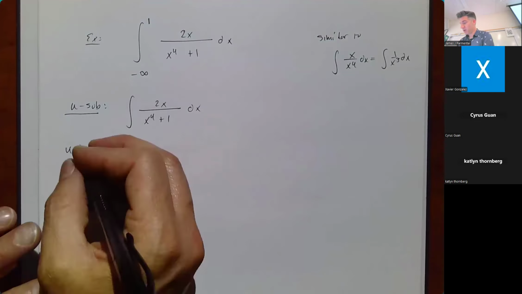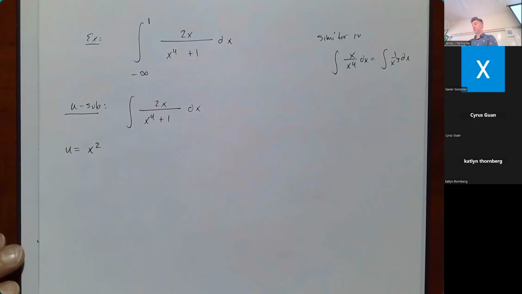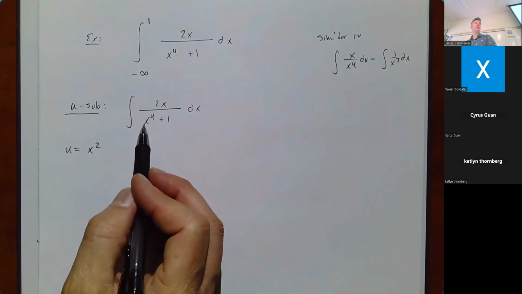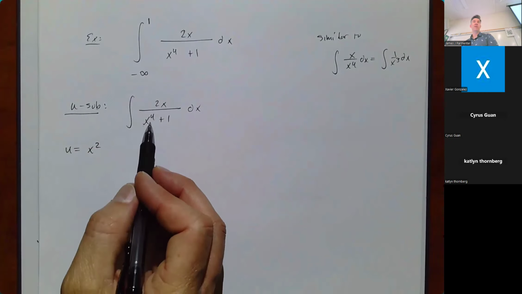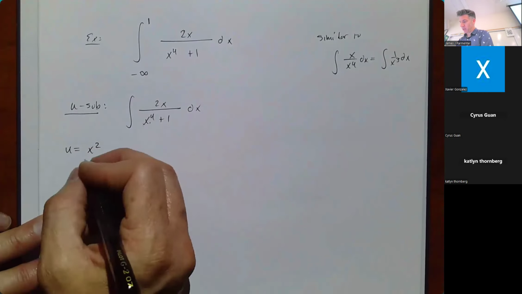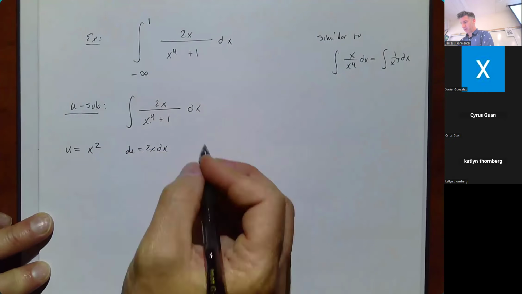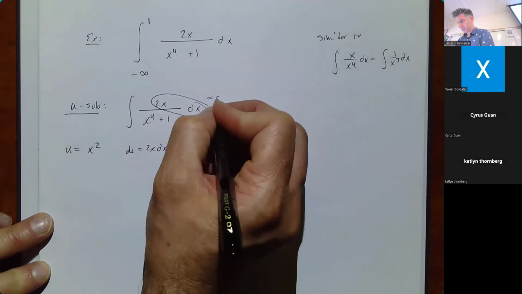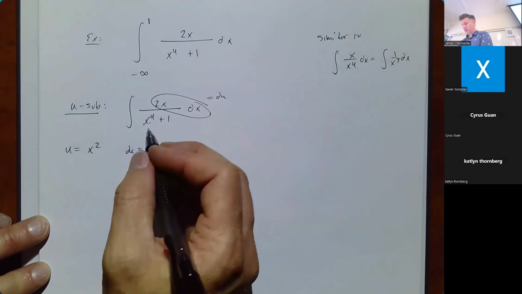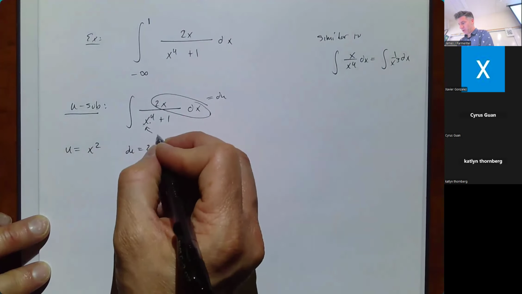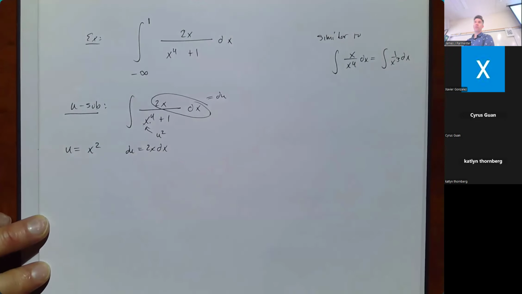Yeah, x squared. And x squared is an excellent choice here because then the x to the fourth in the bottom will become x squared squared, which is u squared. So we're going to say that du is, oh, lovely, 2x dx. That's great. And then my x to the fourth plus 1, well, the x to the fourth is really u squared because of x squared squared.